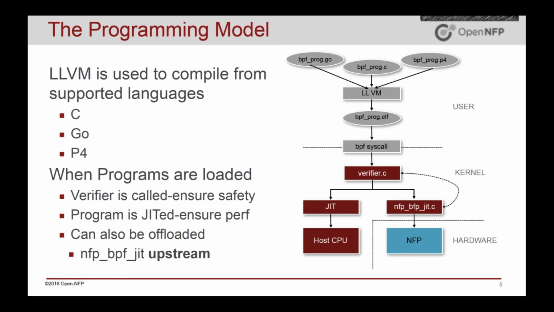So you can actually offload your BPF programs to the NFP hardware, and we reuse a lot of the infrastructure within the verifier to do this. So even when you are struggling with performance in the kernel, you can offload certain BPF programs to the NFP.